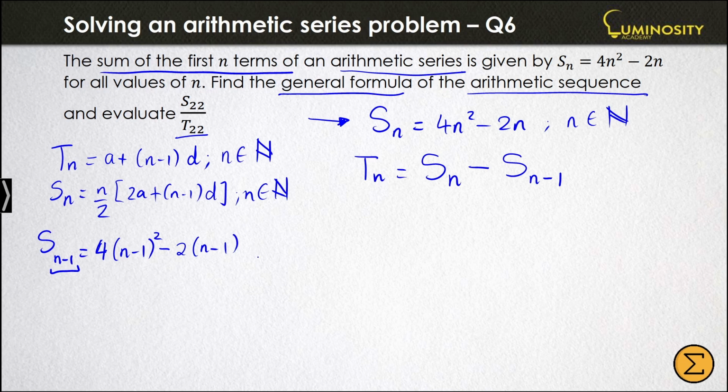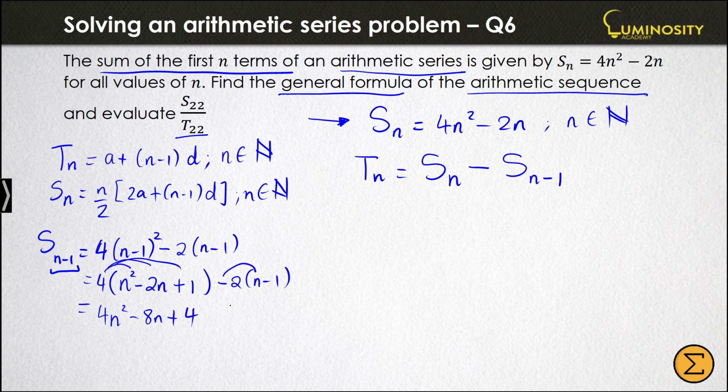So let's expand this out. 4 into n squared is n squared, minus 1 squared is positive 1, and then take the product: it'll be negative n and then double, so negative 2n, minus 2 times n minus 1. Expand out again using the distributive law: 4n squared minus 8n plus 4.